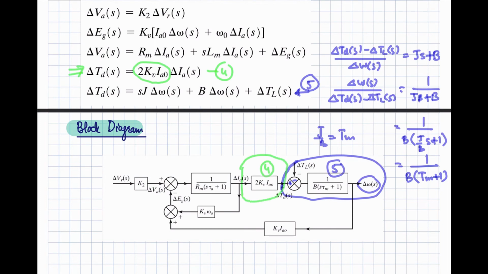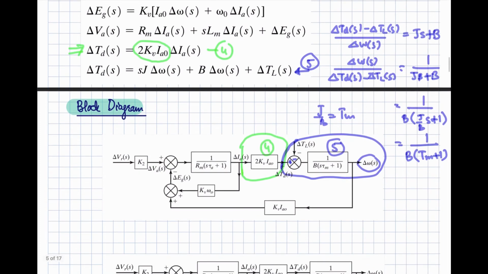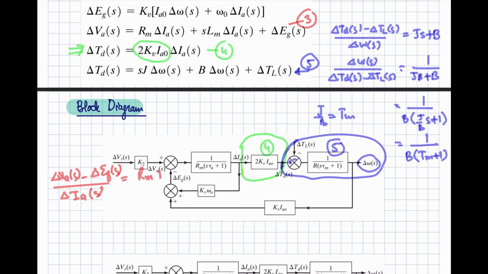So this part is from equation 4, and then using, let's suppose this is equation 3, from equation 3 I can write that delta VAS minus delta EGS divided by delta IAS is equal to RM plus SLM. So from here I can say that delta IA by delta VAS minus delta EGS is equal to 1 over RM plus SLM.